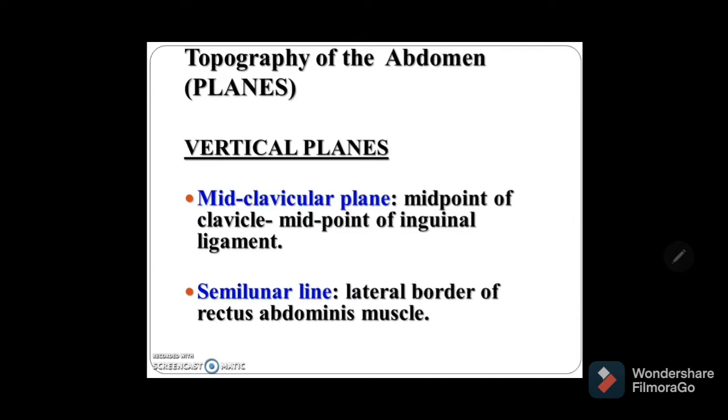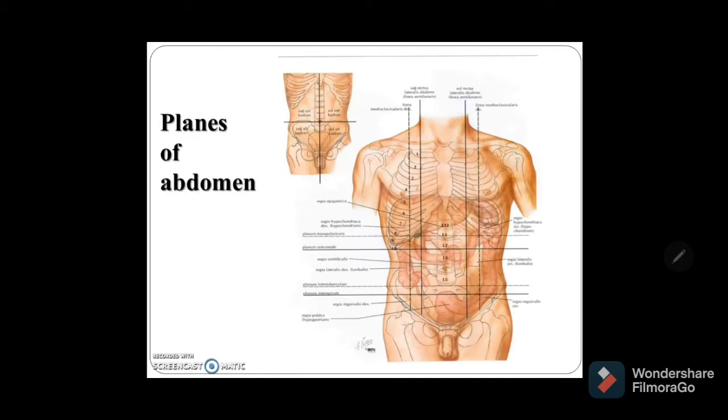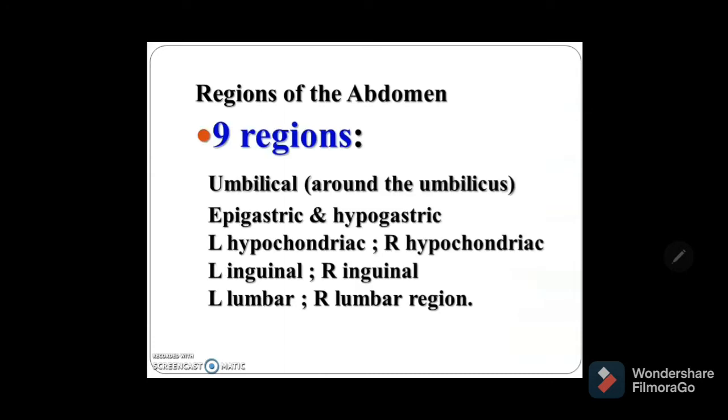So these are 2 vertical planes and 2 horizontal planes dividing the abdomen into 9 regions. Why are these regions important? To correlate the symptoms and signs of the patient with the clinical findings by inspection, palpation, percussion and auscultation.